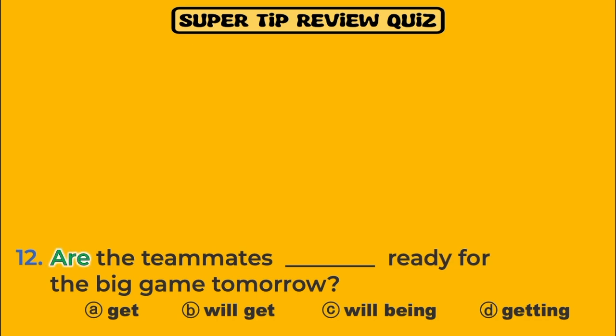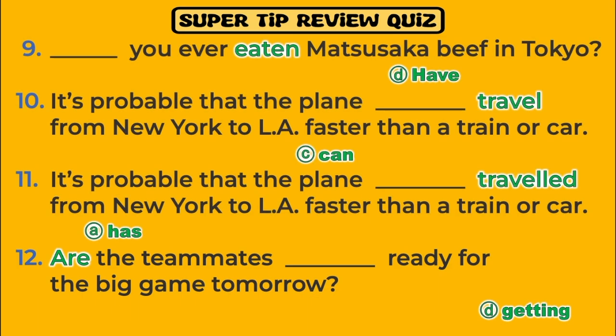We have the word are. Are is a be family, and we know be plus verb 4. So it's going to be Charlie or Delta. Charlie, letter C, is using a modal there. We don't want to mix the modal will and are. We don't want to mix it up. The right answer is going to be D. All right. Are the teammates getting ready for the big game tomorrow?